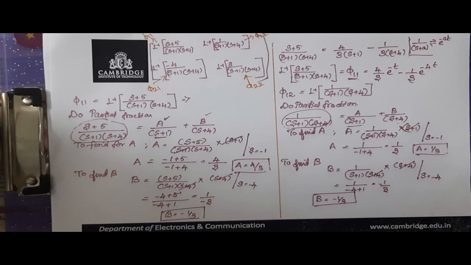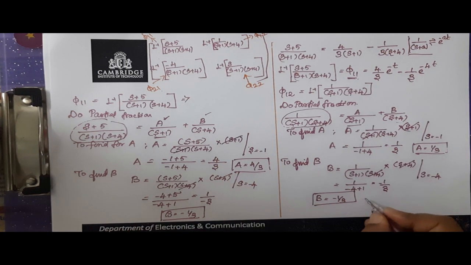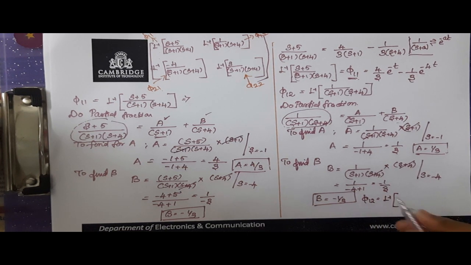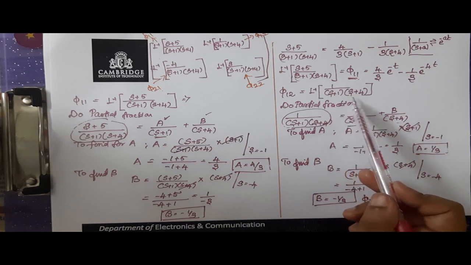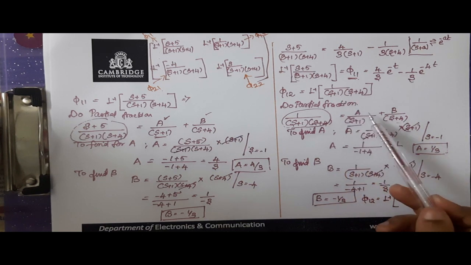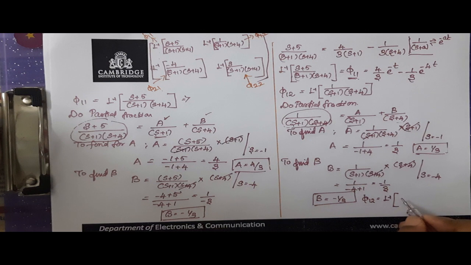Once after obtaining a and b, now let us find phi 1, 2, which is nothing but L inverse of 1 by (s plus 1) into (s plus 4). Now let us substitute for a as 1 by 3 into, we have here, s plus 1, and b is minus 1 by 3 into s plus 4.